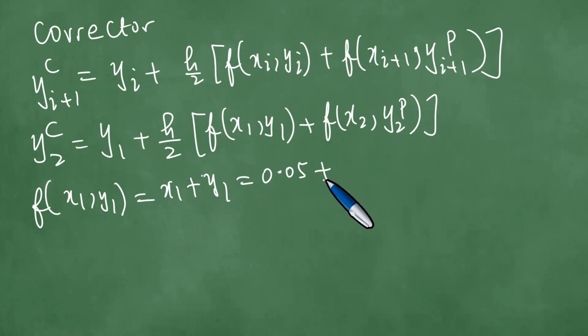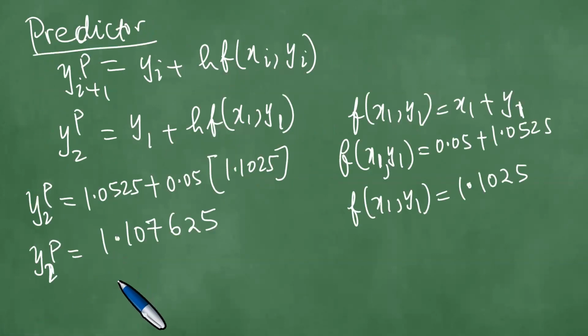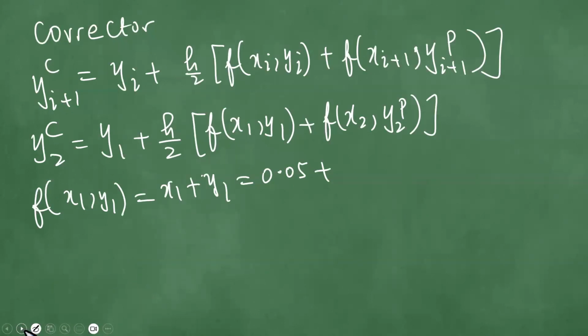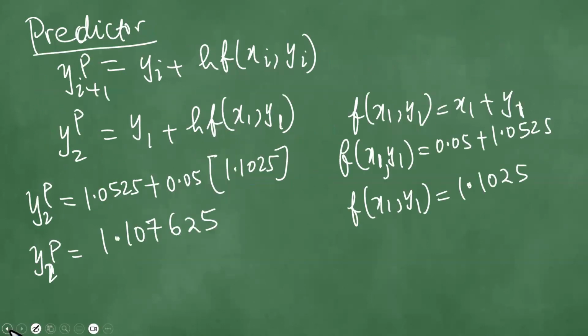Then we have the y1, which obviously is the y1 of the predictor. Yes, the y1 is the one we got.